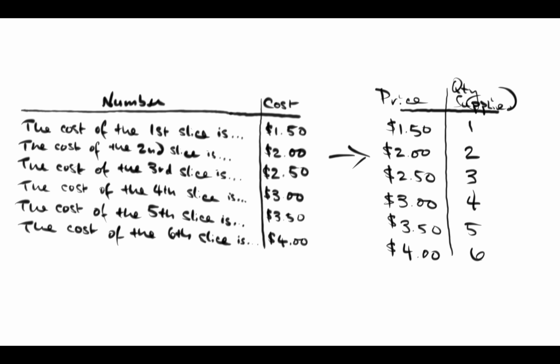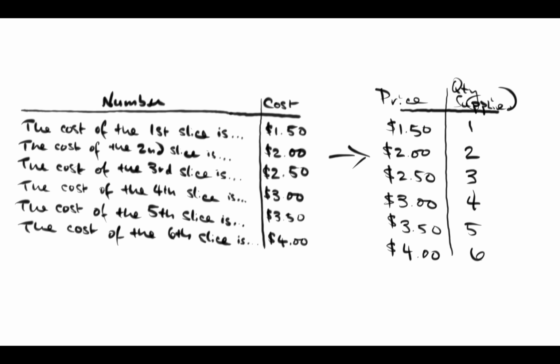But I would not be willing to sell a third slice. Producing a third slice would cost $2.50, and if I can sell it for only $2, I would not be willing to do that. So at a price of $2, I'd be willing to supply 2 slices of pizza and no more. Okay, so that generates this supply schedule, or the table that lists price and quantity supplied.